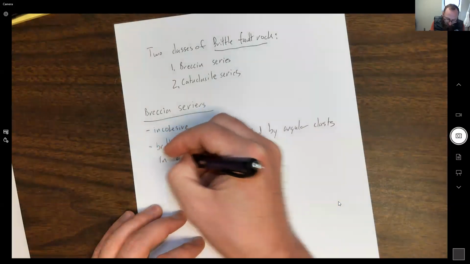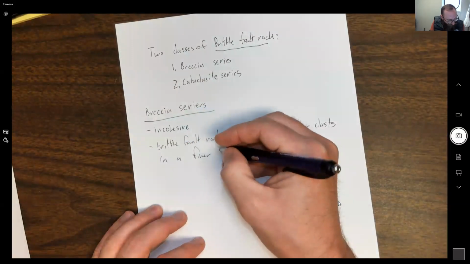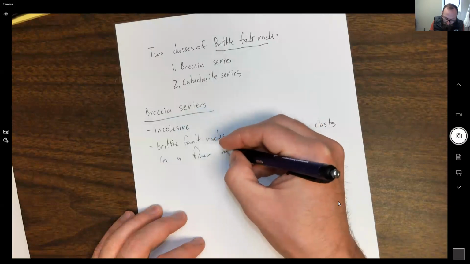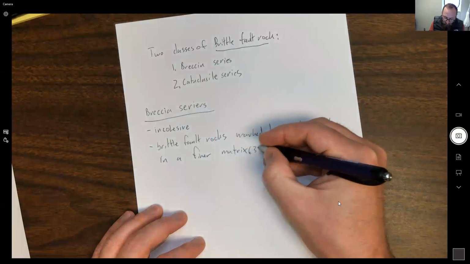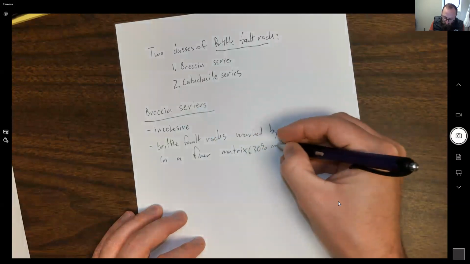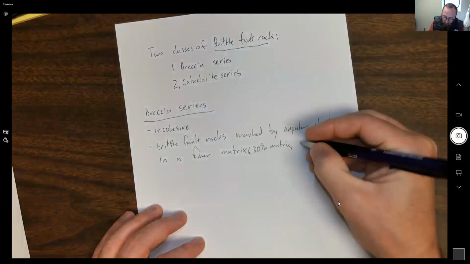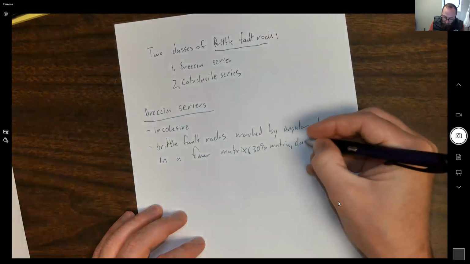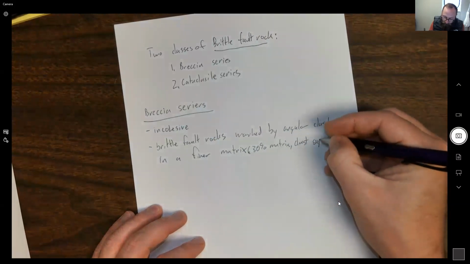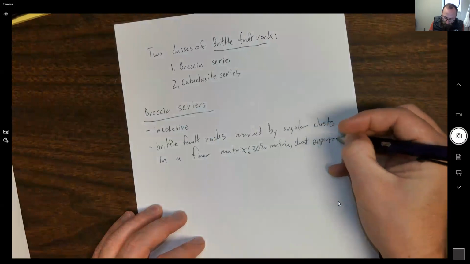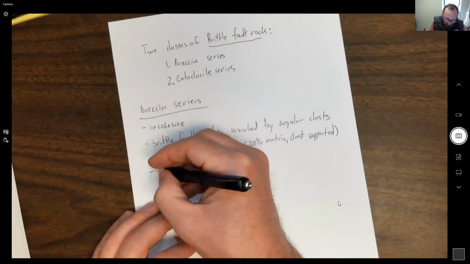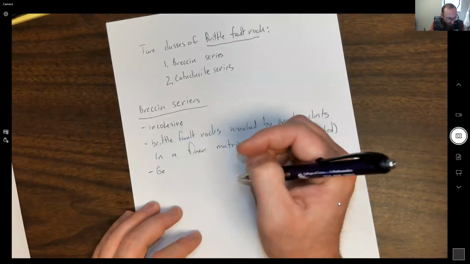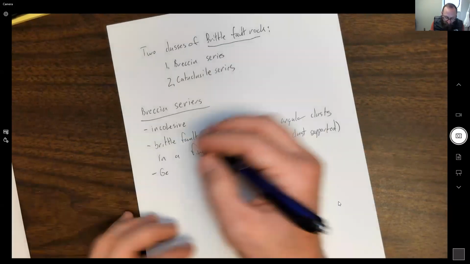Generally about 30% of the fault rock is matrix, and so the rock is clast supported. And there's generally no preferred orientation in our clasts.